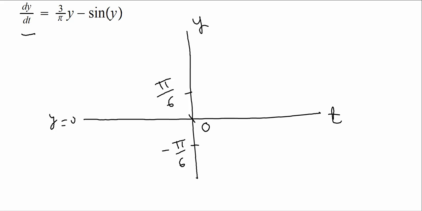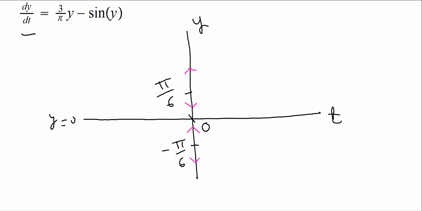If you look at this portion in here, the derivative is positive, so it will be increasing, and then the derivative is negative here, so it will be decreasing. Likewise, the derivative is negative in this portion, so it will be decreasing, and it is positive in this portion, so it will be increasing.